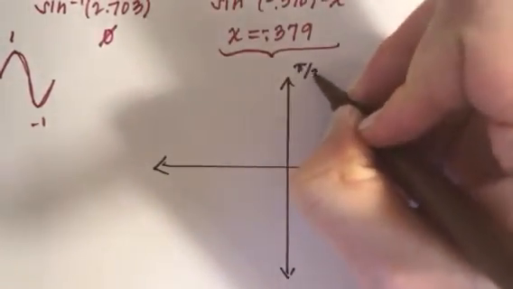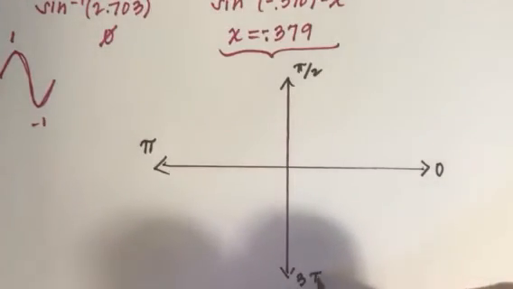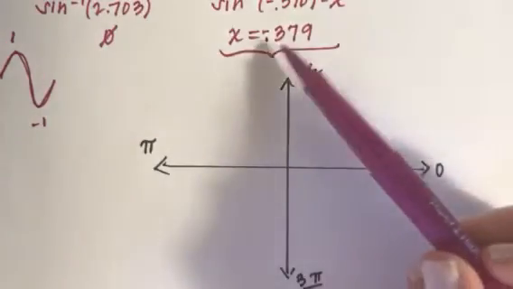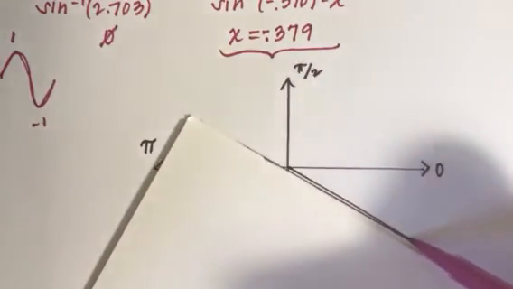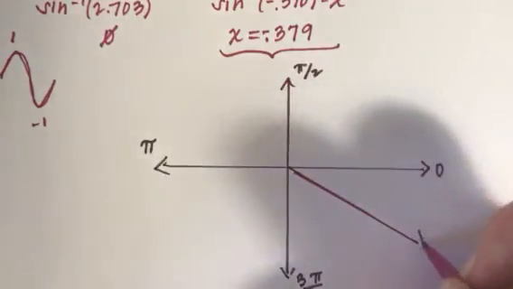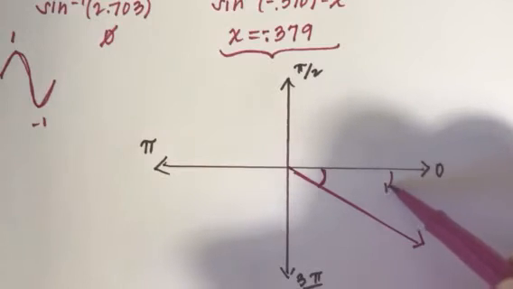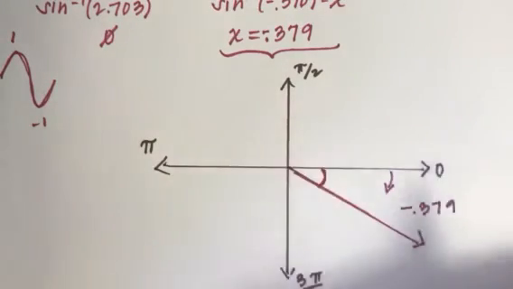This is pi over 2. This is pi, and this is 3 pi over 2. So my angle value of negative 0.379, that's right here, is really just going counterclockwise this direction, negative 0.379.